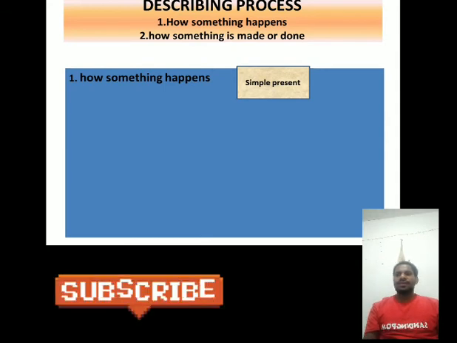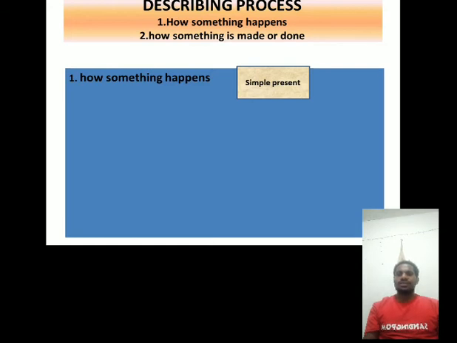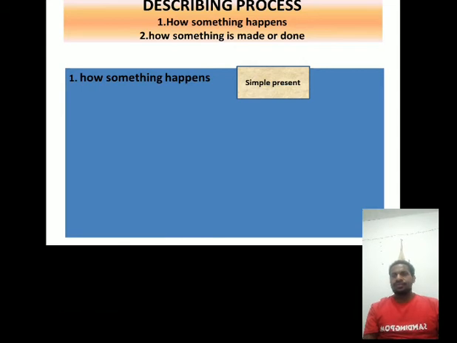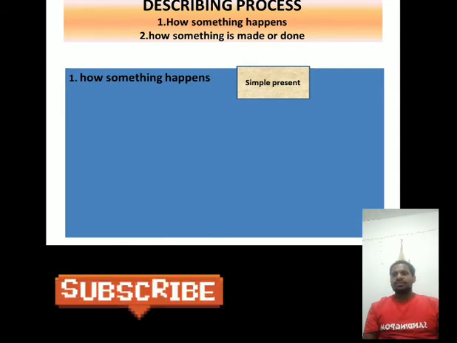So in this part one, how something happens, we use simple present.